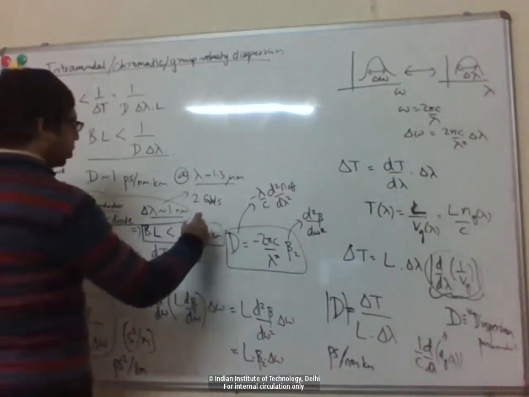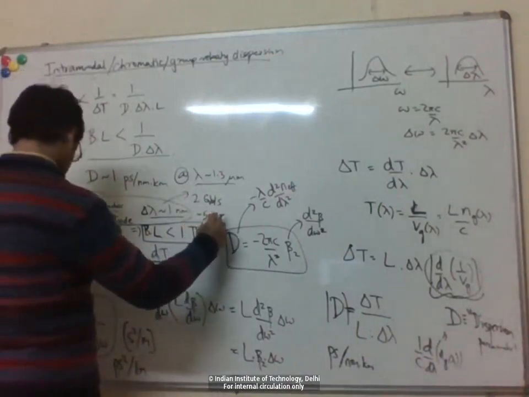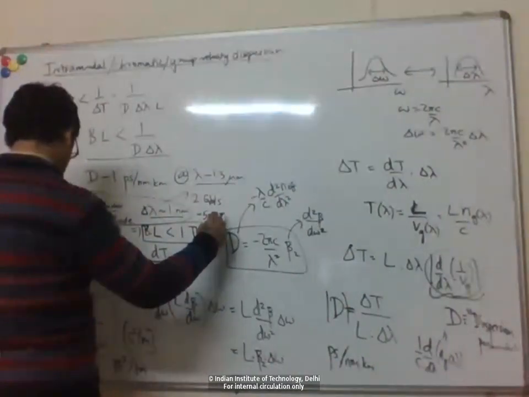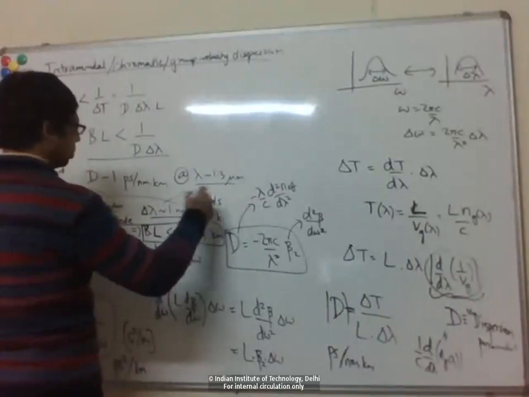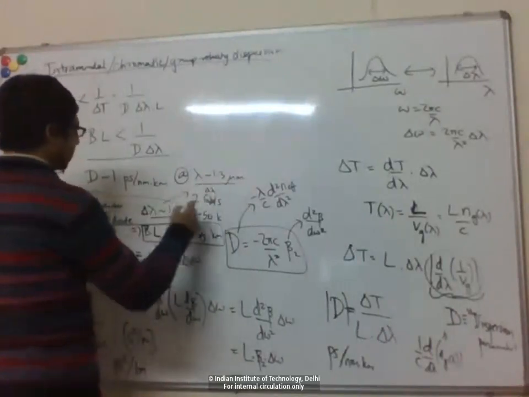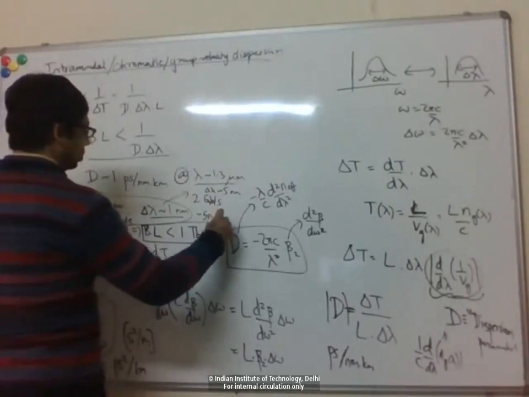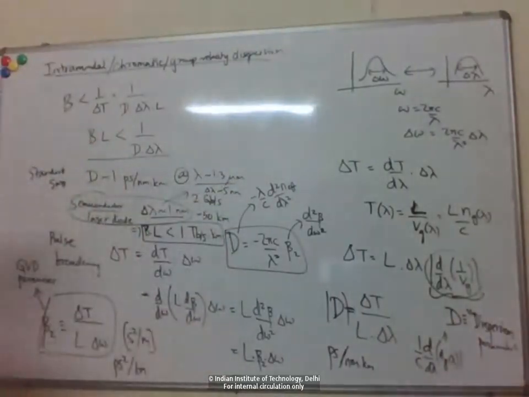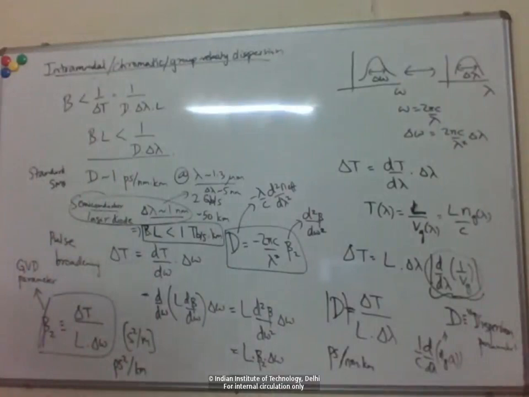Then you can see from here you can go up to like 50 kilometers. Even if you use worse laser diodes with 5 nanometer or 10 nanometer bandwidth, you can go up to roughly 50 kilometers or 100 kilometers with these systems.